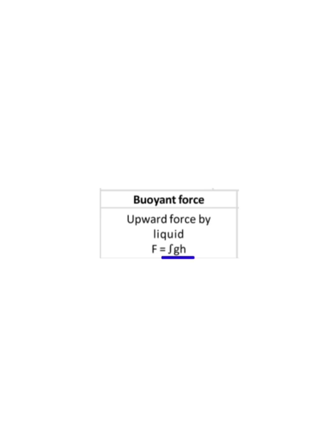Rho is the density of liquid, g is acceleration due to gravity, and h is the height of liquid before dipping the object. Rho g h. Buoyancy is the property of liquid to apply the buoyant force.